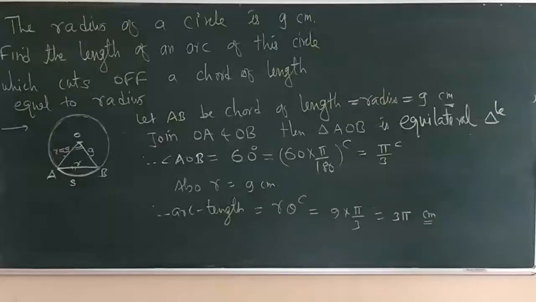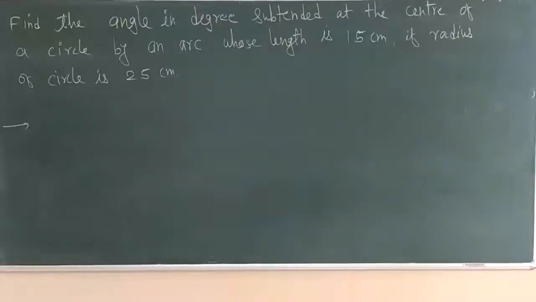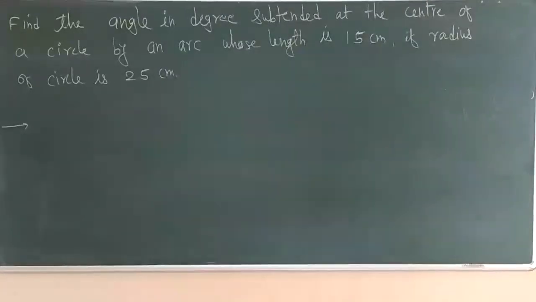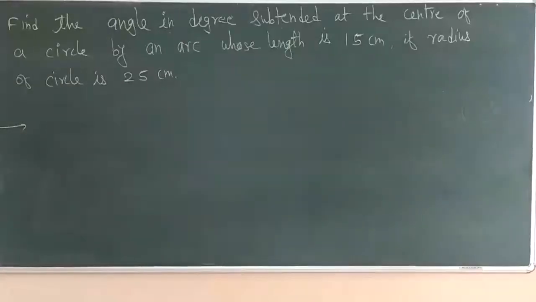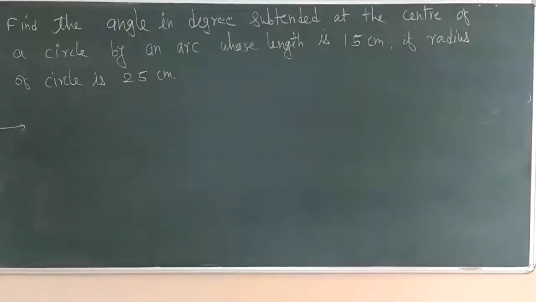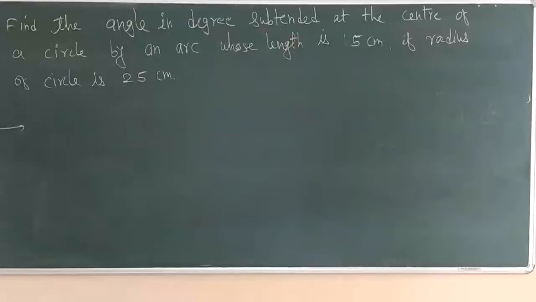Okay, we see the next problem. See the problem. Find the angle in degrees subtended at the center of a circle by an arc whose length is 15 centimeter, and the radius of the circle is 25 centimeter.